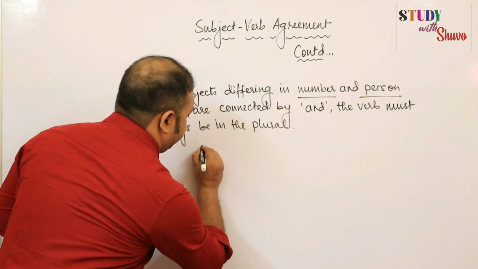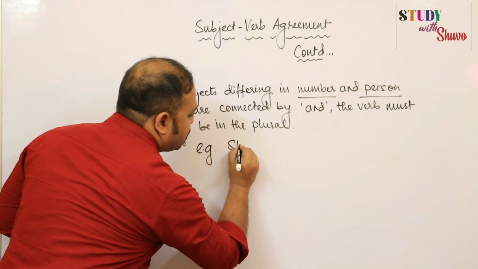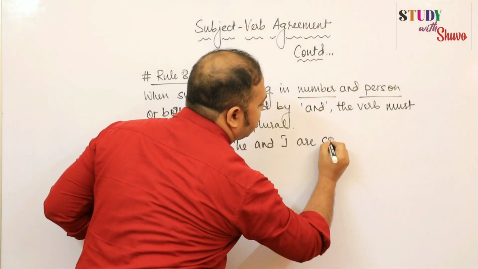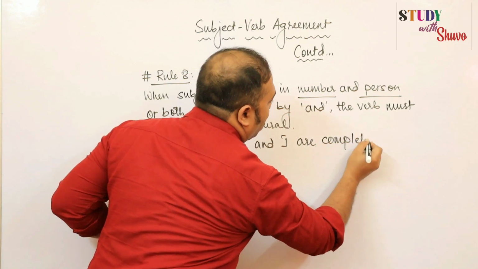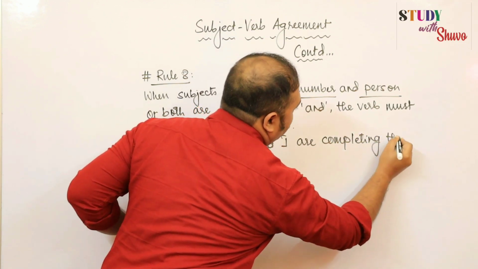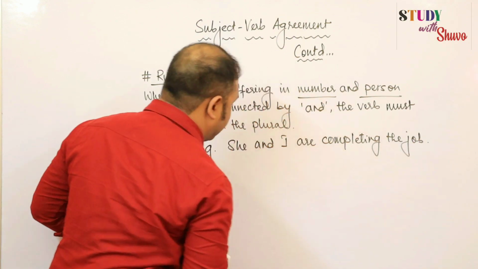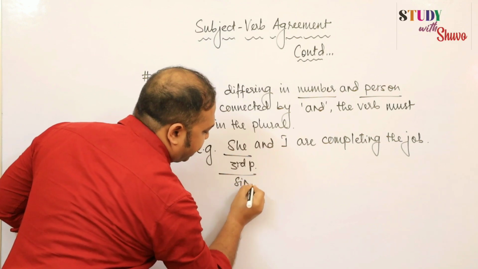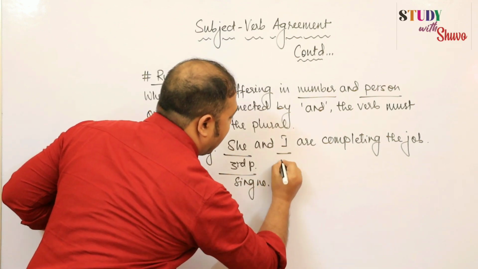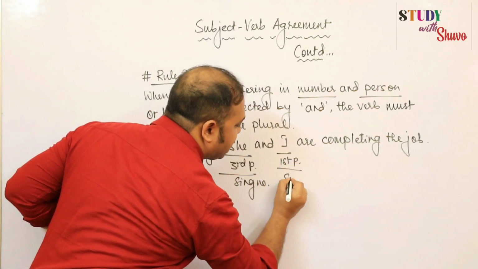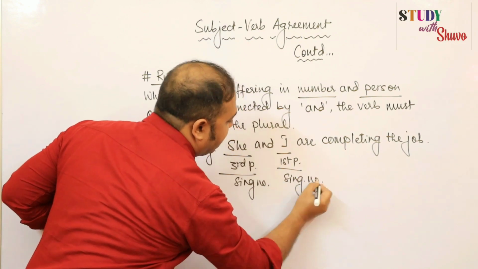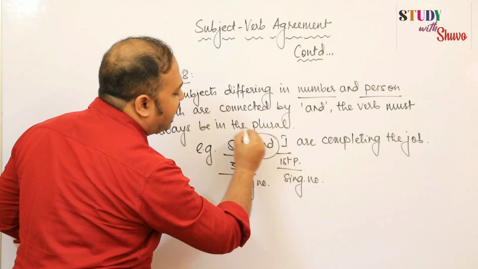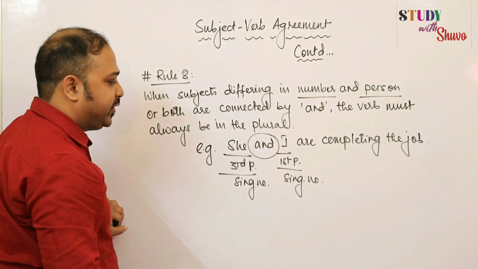For example, she and I are completing the job. In this sentence, she is a third person singular number and I is first person singular number, and these 2 pronouns are joined by the conjunction and.